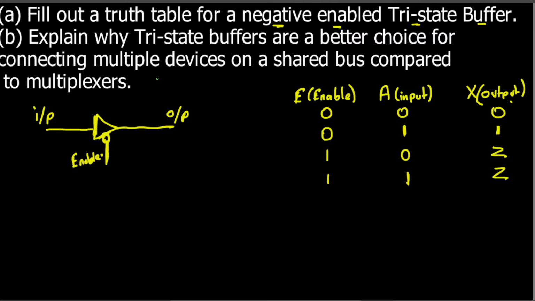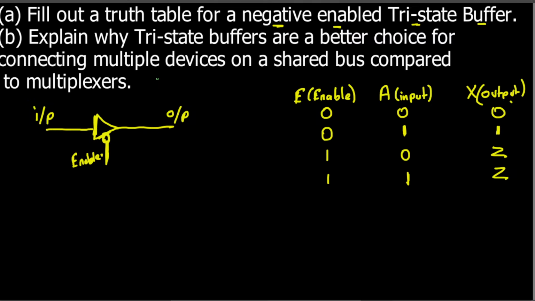Because when the select lines increase, the number of outputs is going to grow exponentially. But for the buffer, it's just one by one. So that's why it's better compared to a multiplexer, because it's going to increase the outputs exponentially and it's difficult to control.